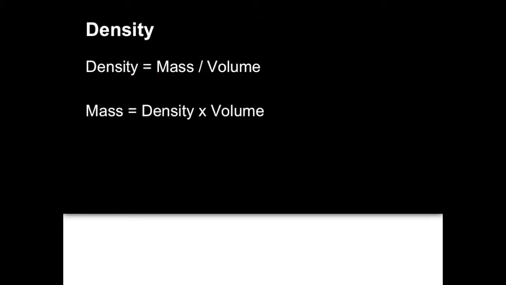If you want the mass, mass is equal to density times volume, M equals D times V. So if you're given the volume and you're given the density, you would convert the volume into mass by multiplying by the density.